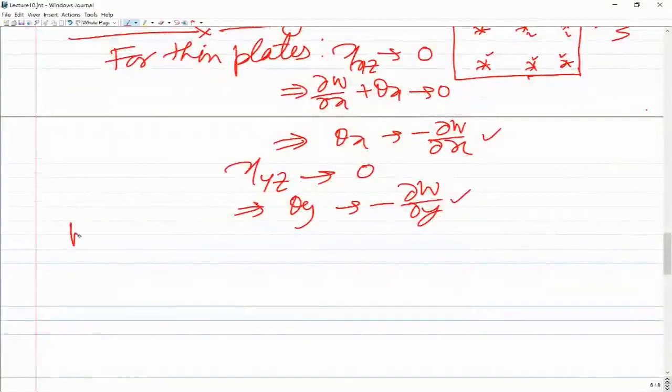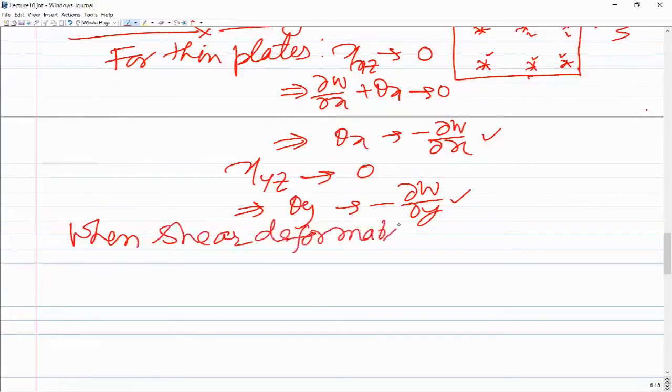So when shear deformable plate bending elements, let me say fully integrated, so without any reduced integration. Fully integrated means we use the number of Gauss points required to exactly evaluate the integrals.